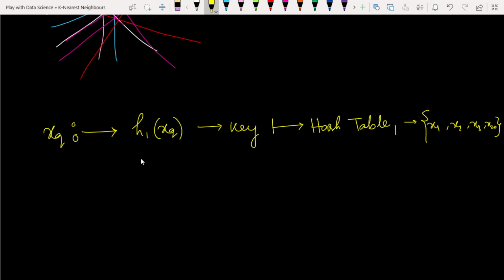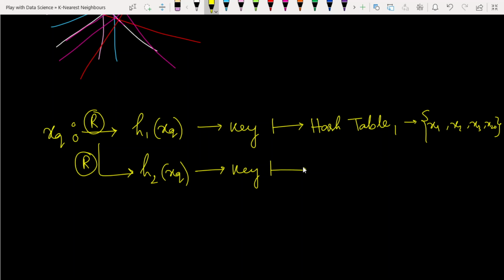In another step we repeat this again randomly, considering another hash function with the corresponding key, and construct hash table 2, and suppose we get h2, h4, suppose 19, suppose 5.